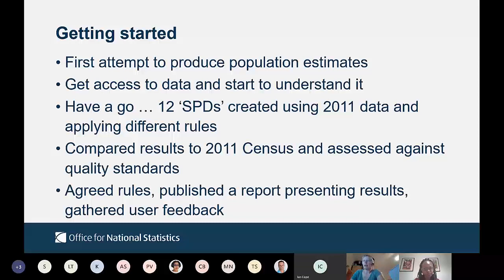And then we really needed to just get started to develop some different sets of rules to decide who to include. So we created 12 different statistical population data sets, or SPDs, using 2011 data, and settled on our preferred first attempt, a combination really of how well the rules seem to perform when the results are compared to the 2011 census and how easy it was to explain to other people what we'd done. And we published those results with the aim of gathering feedback from users about what they thought about that approach.